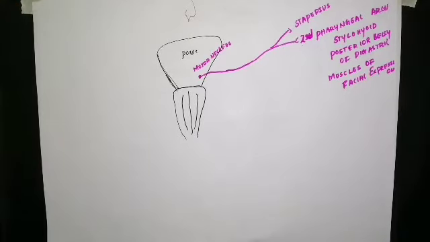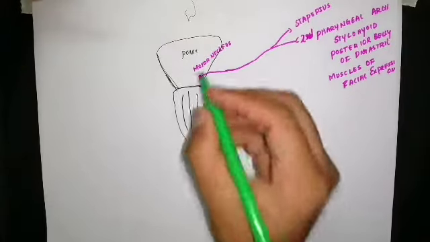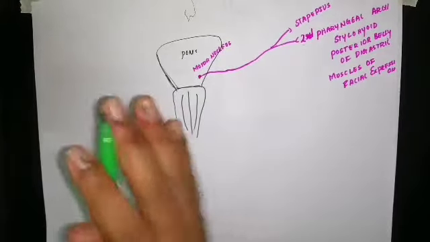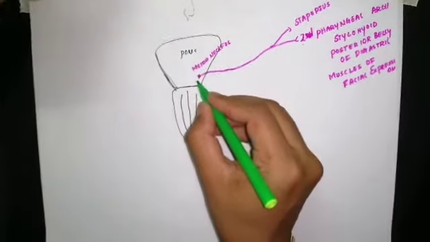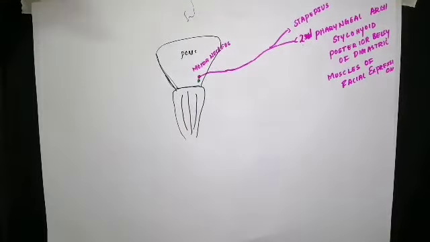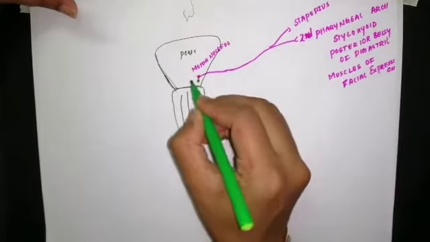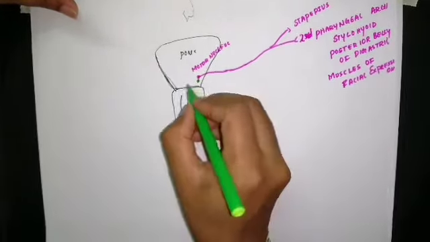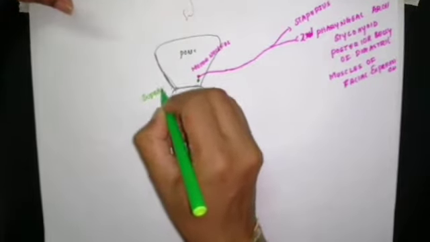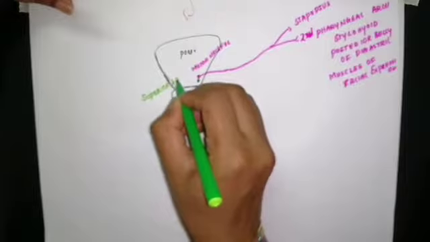Next, the facial nerve also carries along with it some parasympathetic fibers. The nucleus of these parasympathetic fibers is located near the motor nucleus in the lower part of the pons. This nucleus which gives out parasympathetic fibers is known as the superior salivatory nucleus.